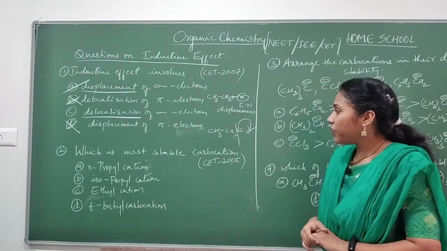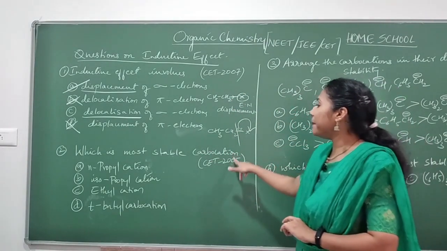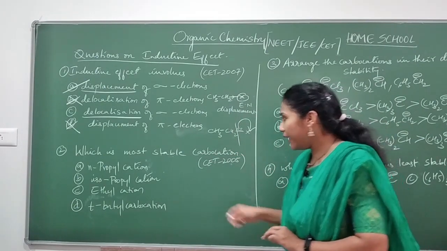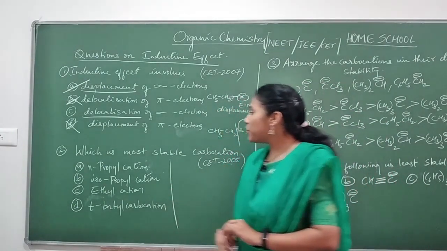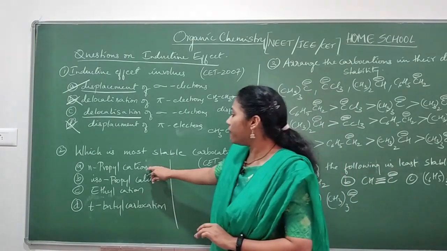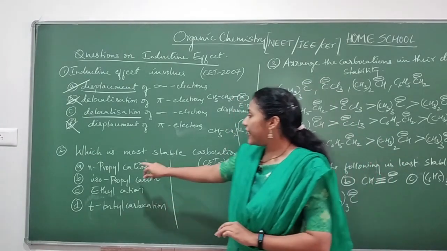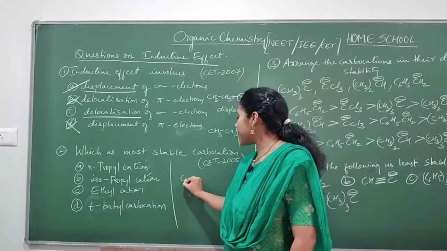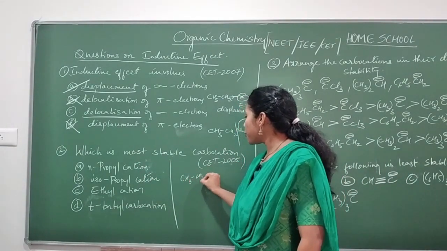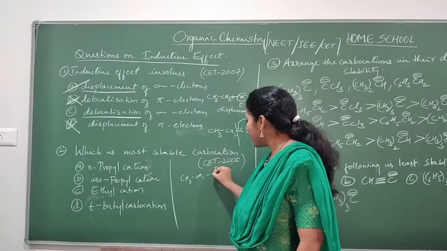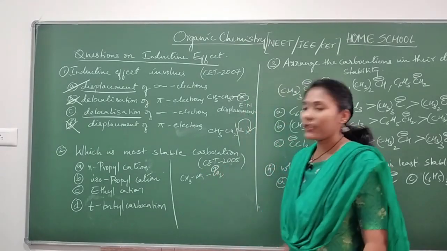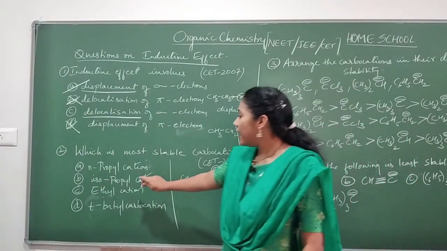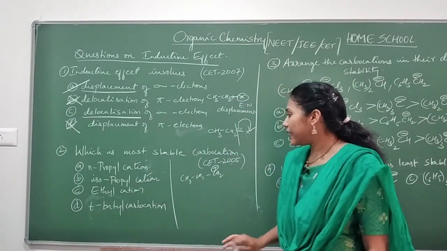Second question, which is the most stable carbocation? If you want to know the most stable carbocation here, first write their structures. N-propyl cation. Propyl in the sense what? 3 carbons, right? CH3, CH2, CH2 plus. This is propyl carbocation. Next, isopropyl carbocation.